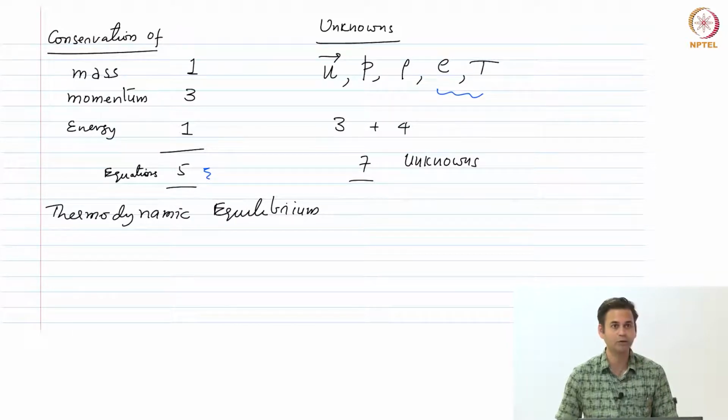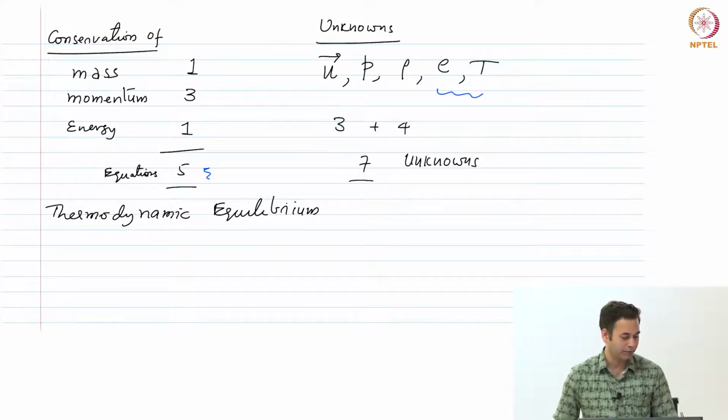What does thermodynamic equilibrium mean? It means that if you have a simple compressible system, right, assuming that that is in thermodynamic equilibrium, then we just need 2 independent intensive properties to completely specify the state of the system, okay.